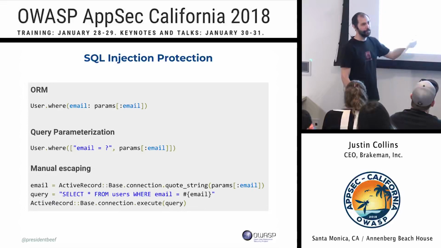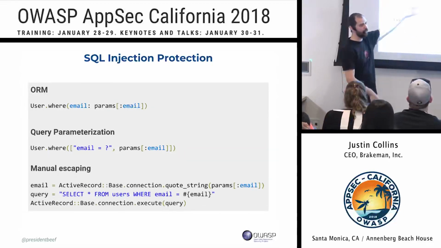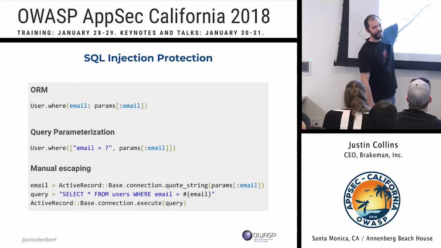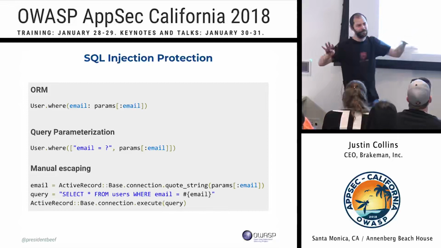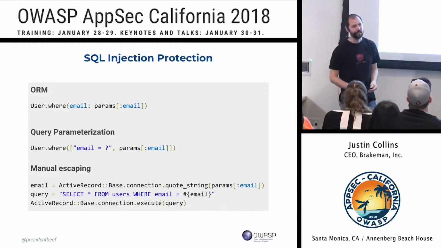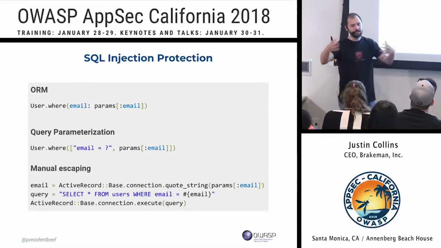And most query parameterization will not properly parameterize a column name or a database name. So you still end up with people building dynamic strings on this side, and they'll also do query parameterization in the same line of code. So I'm not saying this is awful. I'm just saying maybe we need something else.